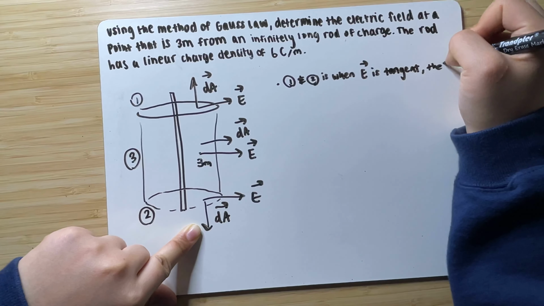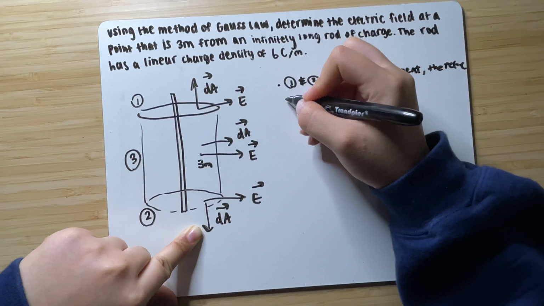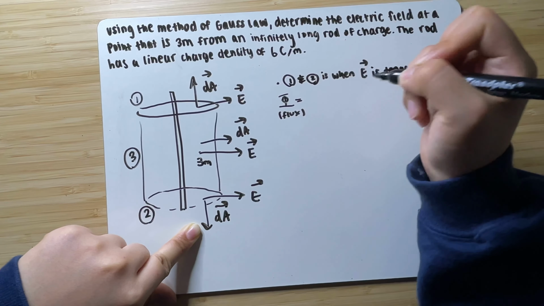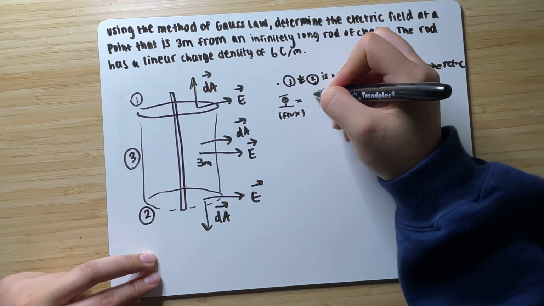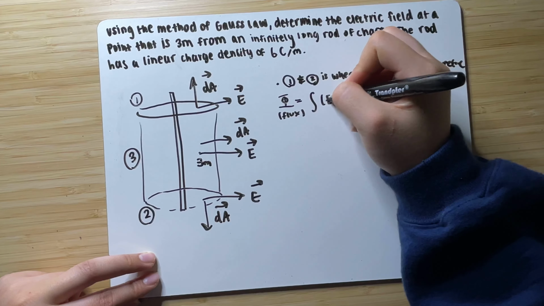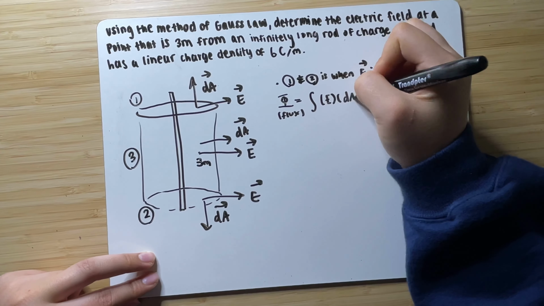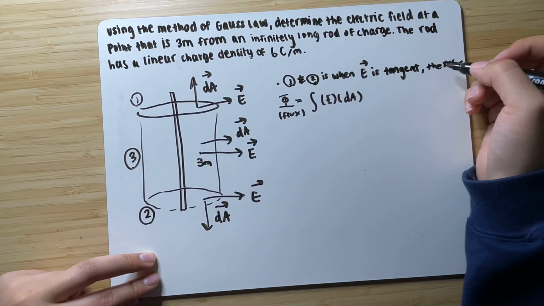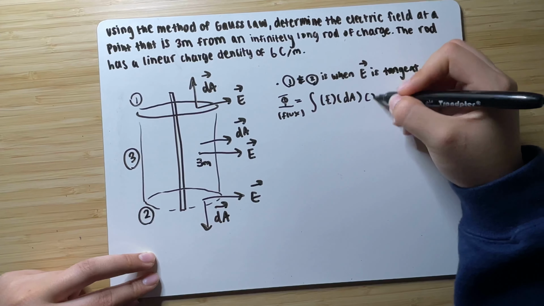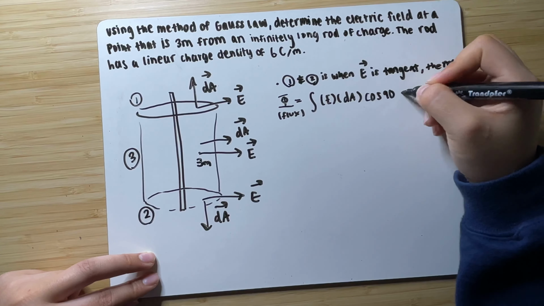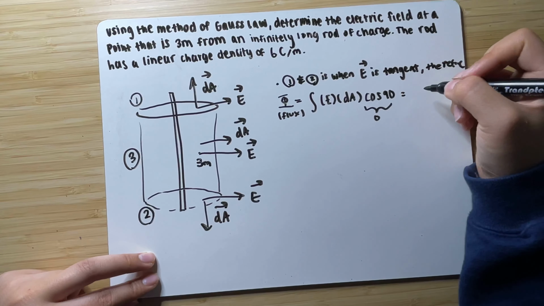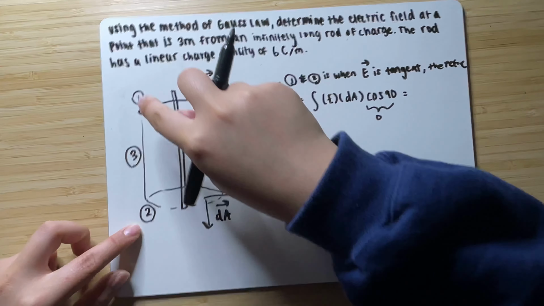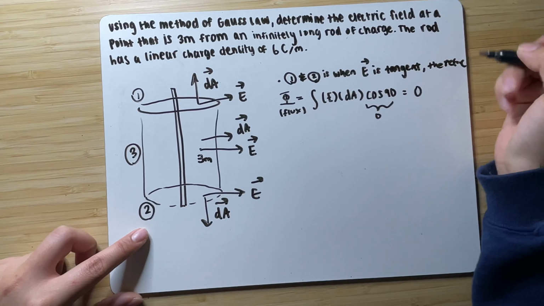Therefore, if we remember our equation to find phi, which means flux, phi is flux, it's going to be the integral of E times dA. But then because E is tangent to dA, you're going to multiply it by cosine 90. And cosine 90, we know that it is 0. So 0 times anything is 0. Therefore, the flux for these 2 points is going to be 0.